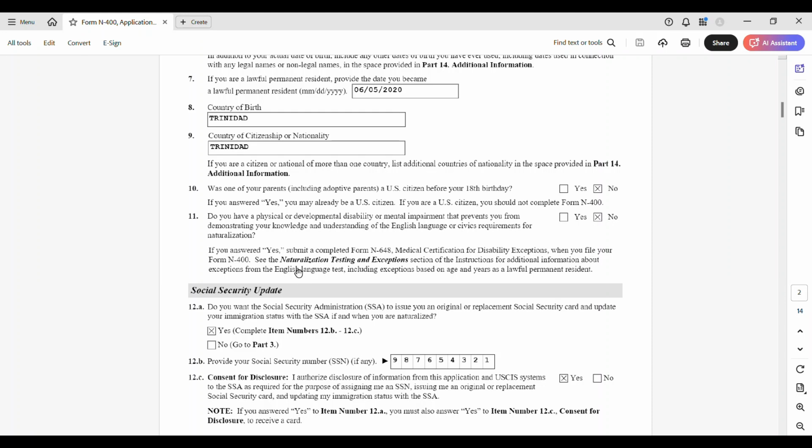See the Naturalization Testing and Exception section of the instructions for additional information about exceptions from the English language test, including exceptions based on age and years as a lawful permanent resident.